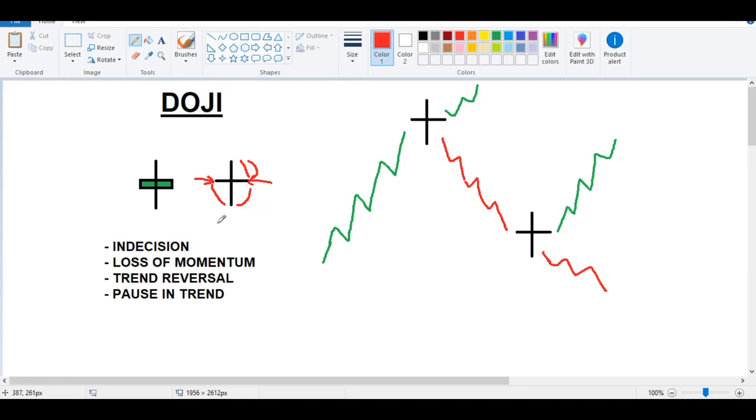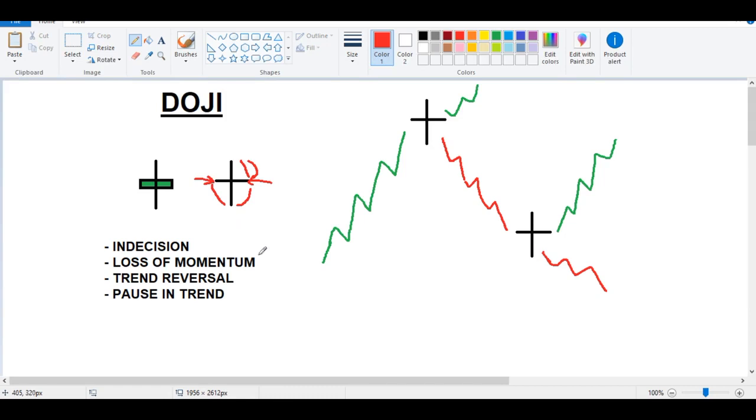So when you look at a doji candle, immediately you should think, okay, there's some indecision going on in price. Neither the bulls nor the bears are winning, and they are fighting in a tug of war to decide where to take the trend.